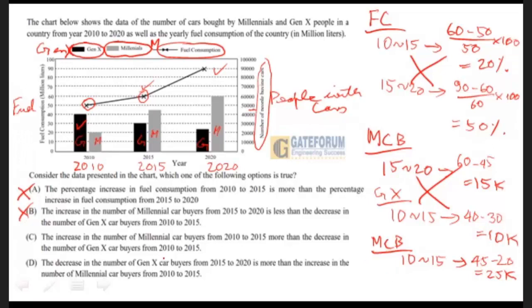And then what has been said is more than the decrease in the number of Gen X car buyers from 10 to 15, well, we already found that is 10K. So it has been said that the increase is more than the decrease, this is absolutely correct, because 25K is more than 10K. So the correct option is option C.